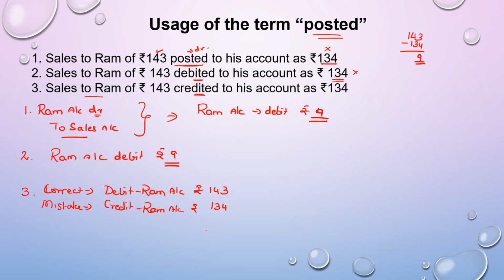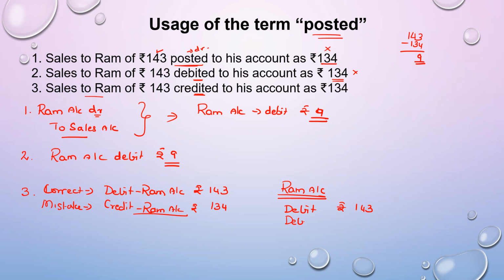So now how do we rectify this error? You know that you should debit Ram. So in the Ram account, you should debit by rupees 143 so that this sales to Ram is recorded. That will do. And then this mistake which was made, crediting Ram, has to be nullified.